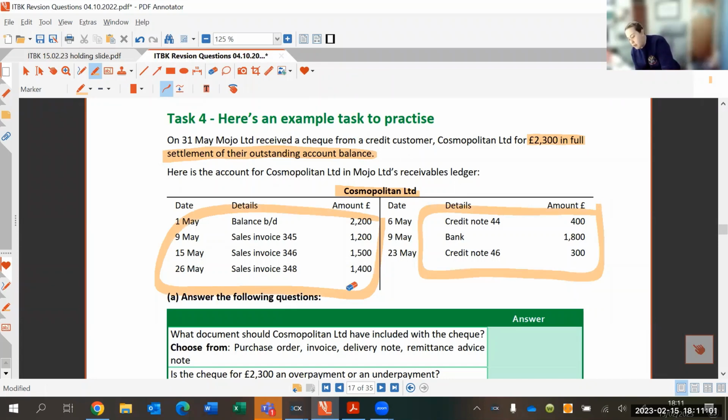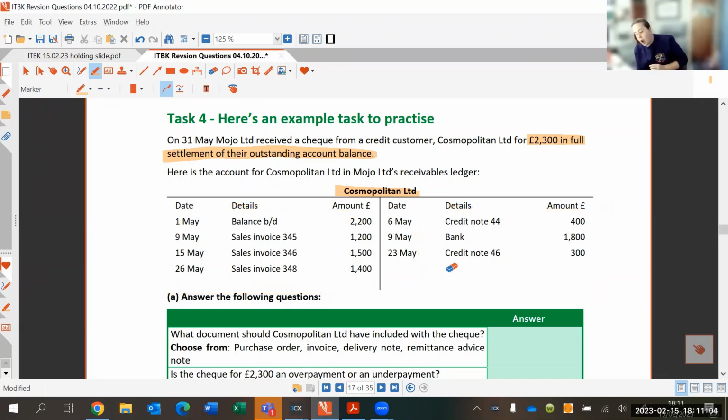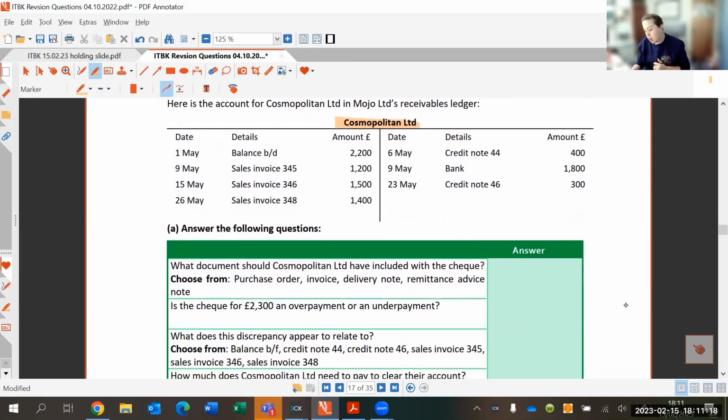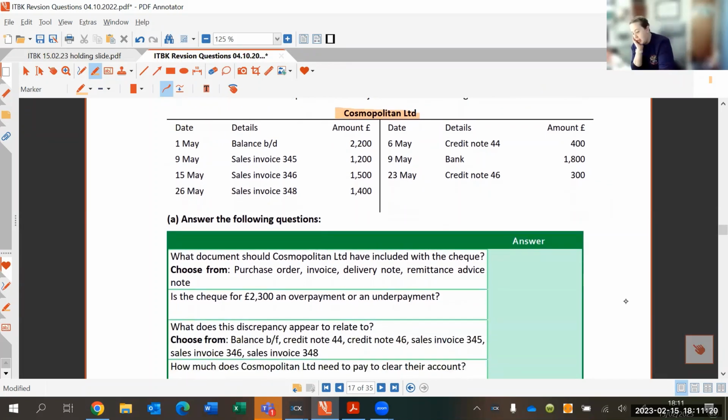So what's the first thing that you would do when you've got this information? Because we've got some questions to answer here. We need to know about documents, we need to know about payments, etc. So let's have a look at what we've got. First one, and I'm hoping this will be a nice, easy one to start with. What document should Cosmopolitan Limited have included with the cheque?